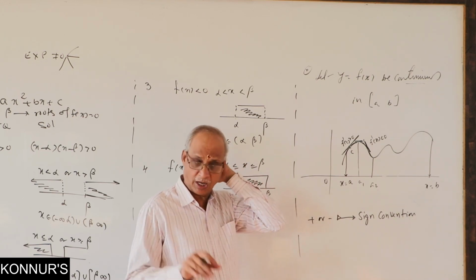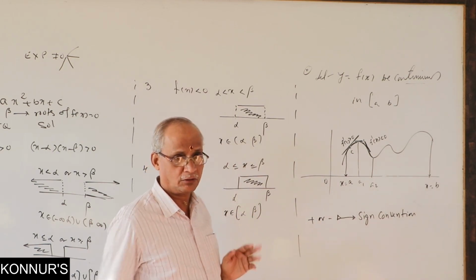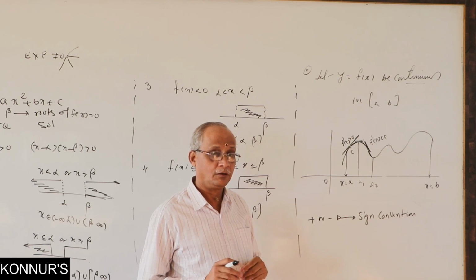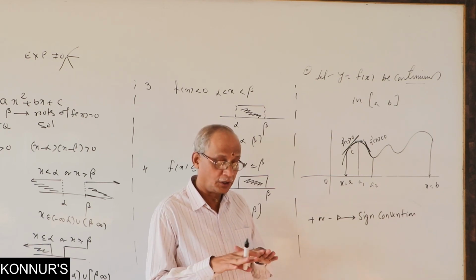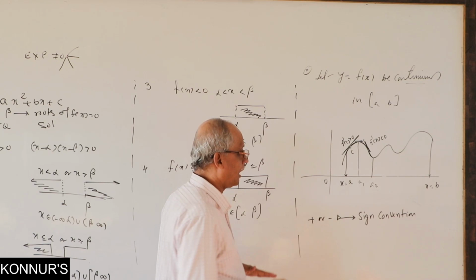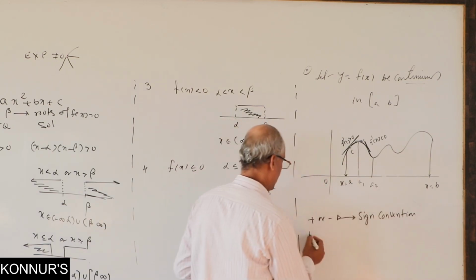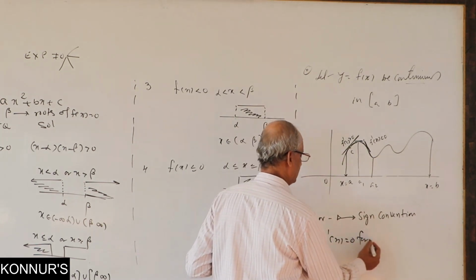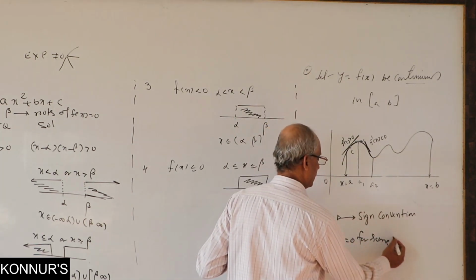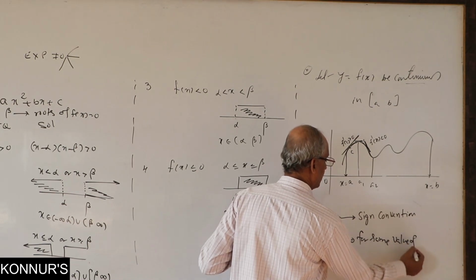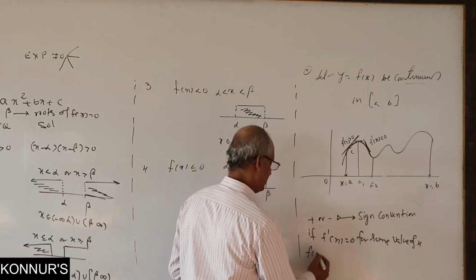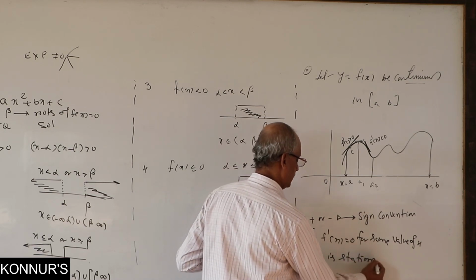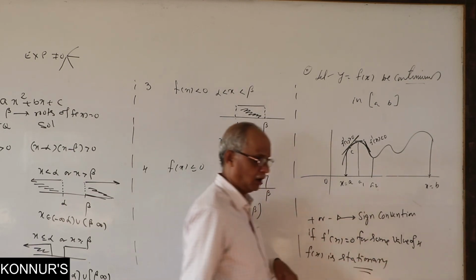Yes, there is a concept. When there is no result, it is called neither increase nor decrease, meaning stationary, parallel to the x-axis. If f dash x is 0 for some value of x, we say that f of x is stationary. This is not in PUC but compulsory for all exams.